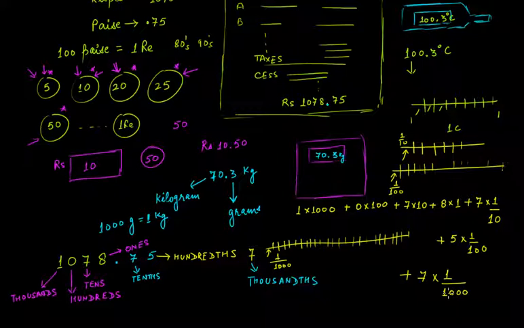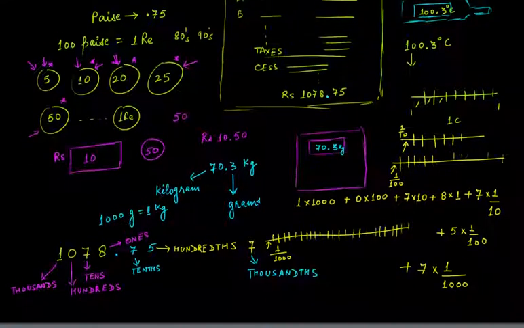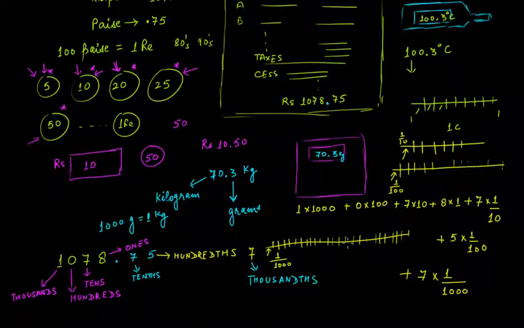If you focus on this one, I'll just underline this portion, this portion and this portion. Focus on them. You can see that the multiplication factor is 1 and then it became 10, then it became 100, then it became 1000.